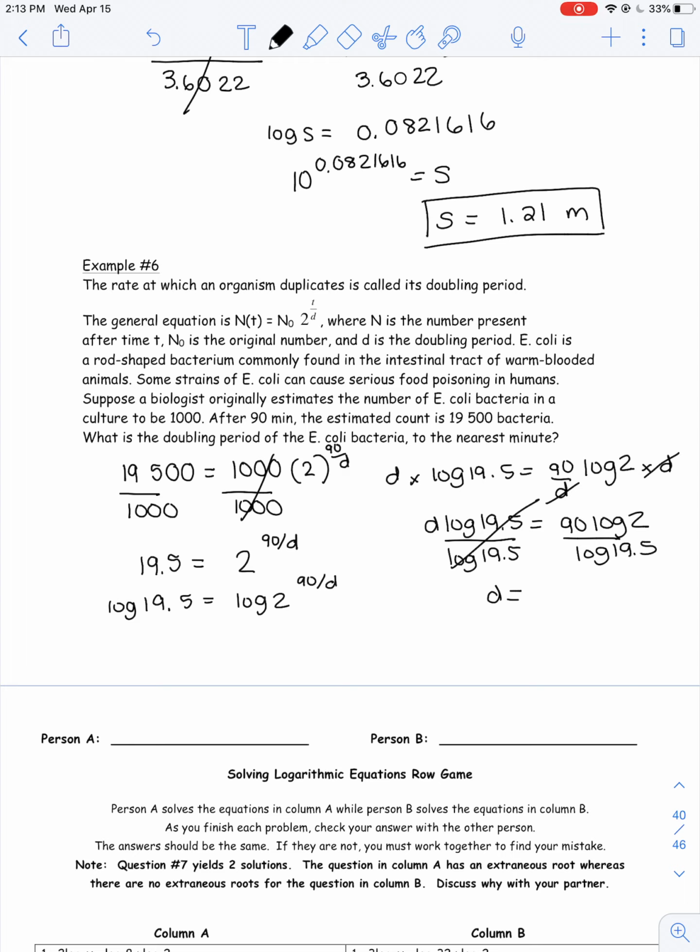And we're going to divide that entire answer by log of 19.5. And you should get that it's going to take, because we're talking about minutes, because our original 90 minutes, and we're asking the answer to the nearest minute as well, it's going to be 21 minutes as our answer.